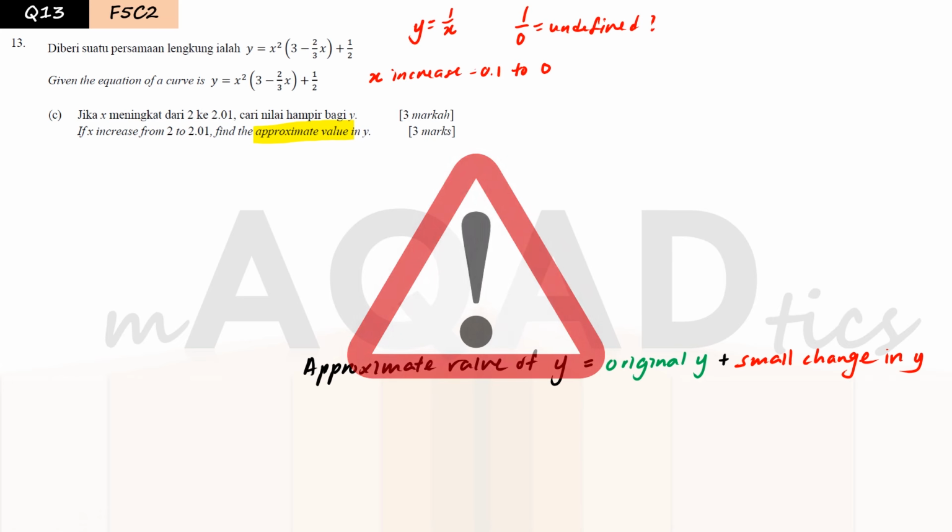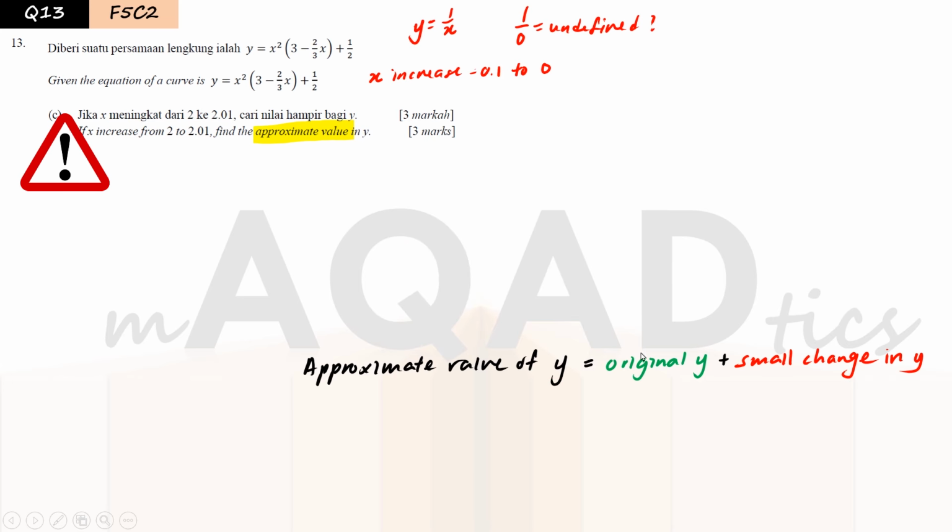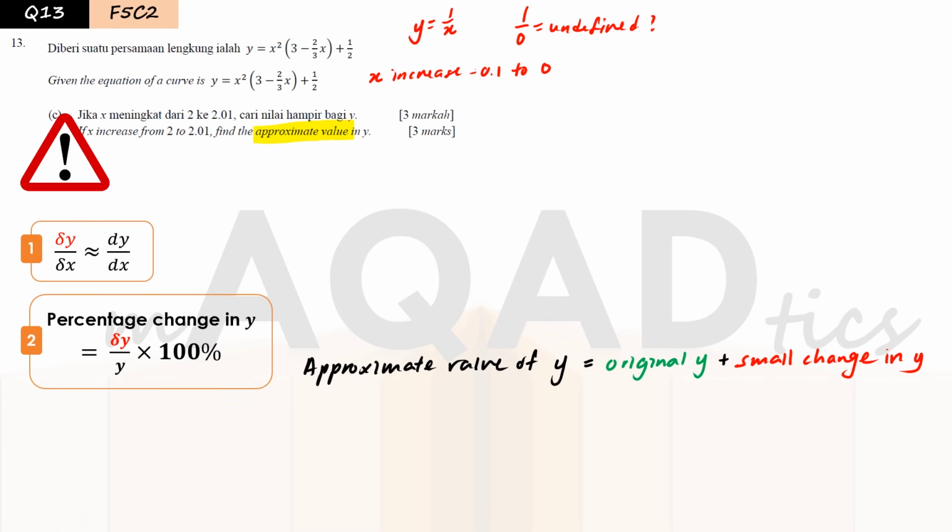You may be asking, how are we going to find the original y and the small change in y? In this application, there are two formulas and we need to understand them. For the first formula, it's delta y. This symbol is called delta, D-E-L-T-A. So delta y over delta x is approximately equal to dy over dx, which we have seen just now, the differentiated equation of y.